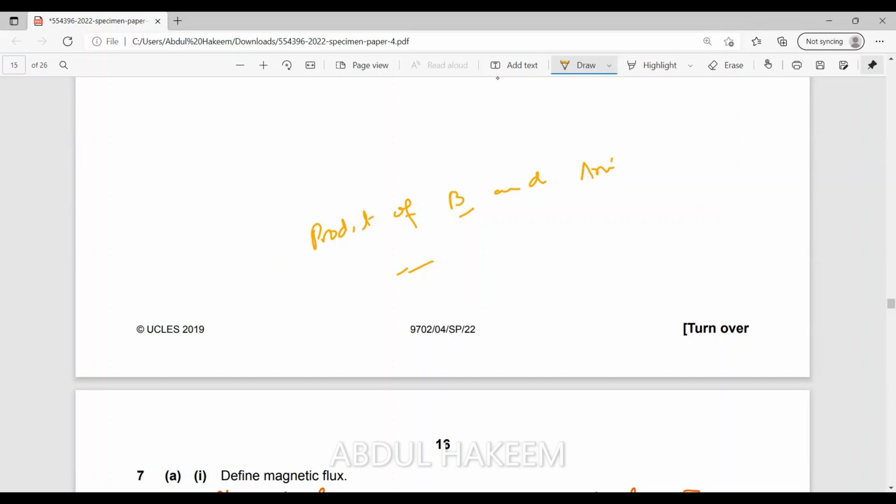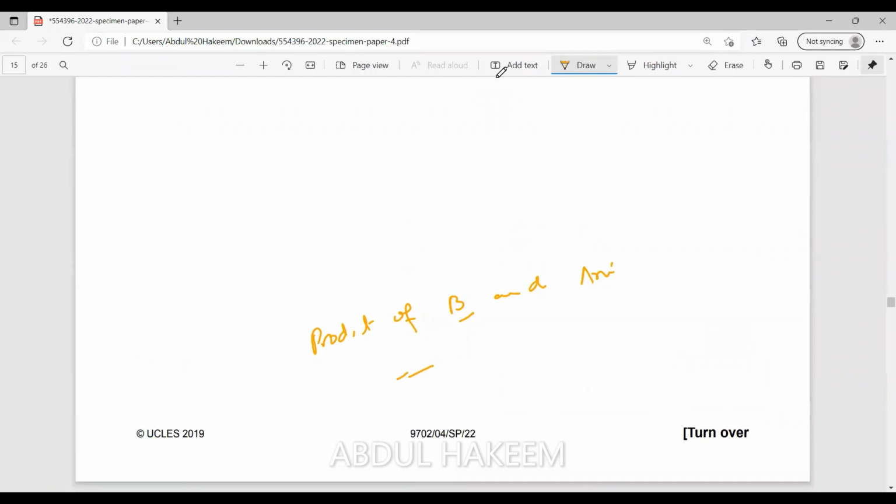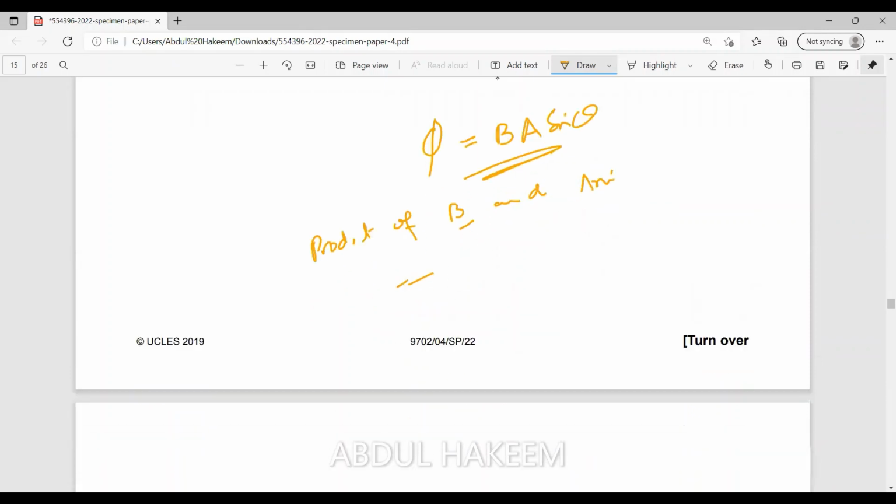So the answer is the product of magnetic flux density B and the area, where the plane of the area is perpendicular to magnetic field lines. And the formula is phi is equal to BA sine theta. So you have to explain this.